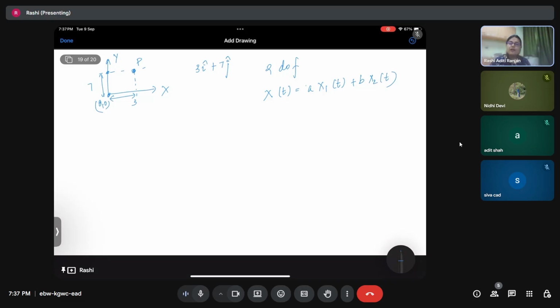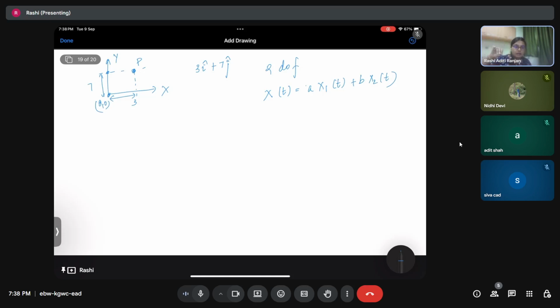For this, we try to find out the eigenvalues and eigenvectors. See, for a matrix, eigenvalue and eigenvector have a mathematical understanding. But when we take the concept of eigenvalue and eigenvector and put it over here for a physical system, we use the matrix only to find the equation of motion.